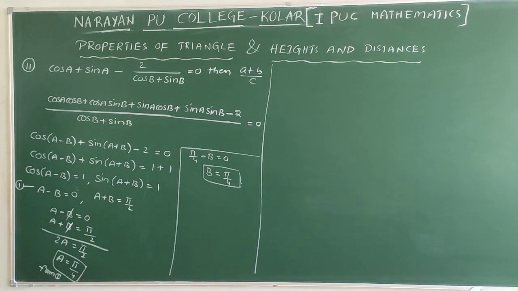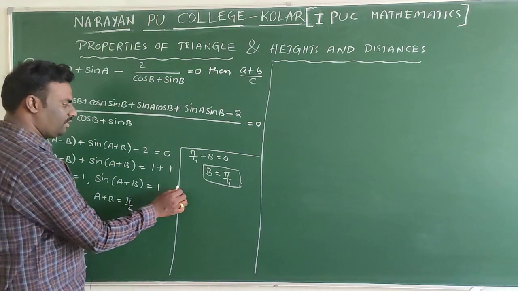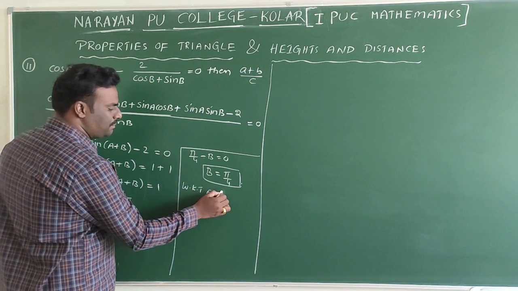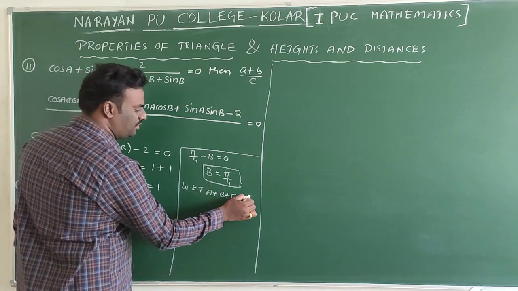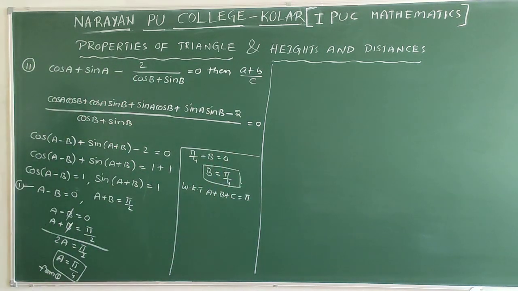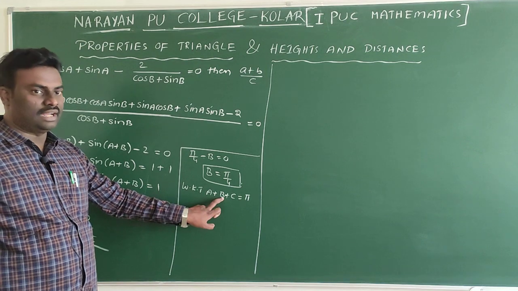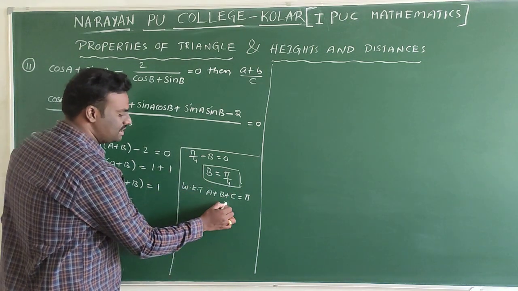But in a triangle, the sum of angles is 180. We know that A plus B plus C is equal to 180. Already we know A 45, B 45, 45 plus 45, 90. Then directly I am writing C is 90.